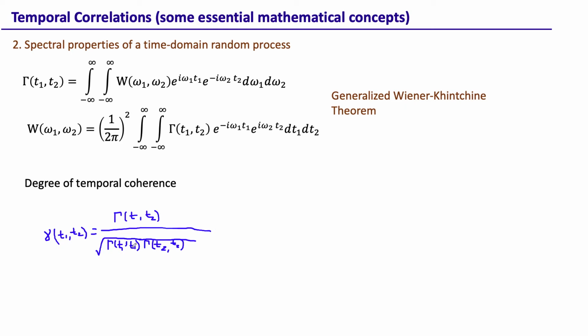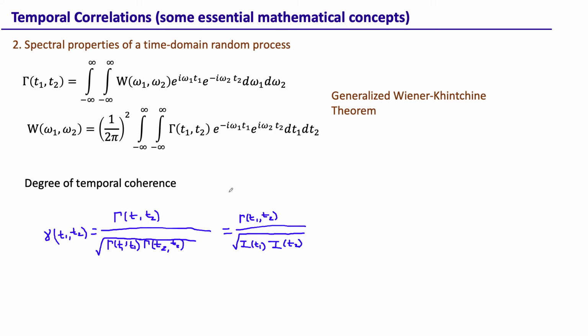Okay, and in fact this gamma(t1) is nothing but the intensity, so we can also write this as gamma(t1, t2) divided by the square root of the intensity at t1 and the intensity at t2.